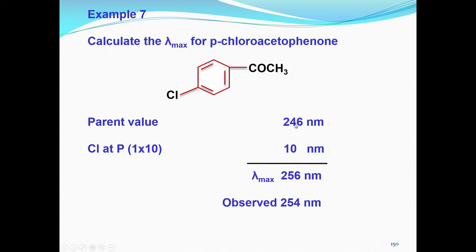So, parent value is 246 and there is a chlorine at the para position. So, expected is 10. If you look at the table, you will see that the calculated value is 256 and the observed value is 254 nanometer, within the experimental error.